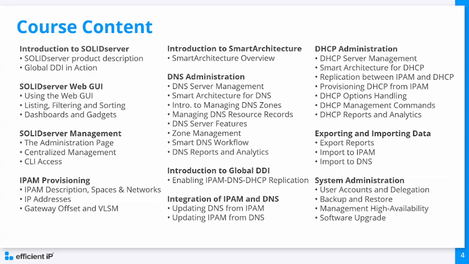All these things can be part of the information that will be leased to the client. So if you want that information to be leased to the client, then you must configure the DHCP option.